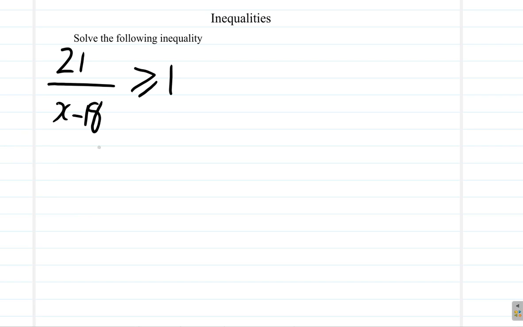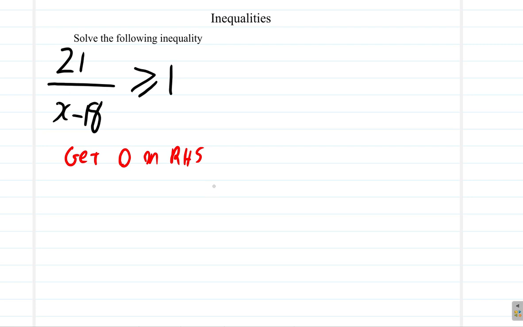That's the problem here. So you can't just multiply both sides by x minus 18. So, what do you do? What you want to do here is get a 0 on the right hand side. Now the argument here is this.